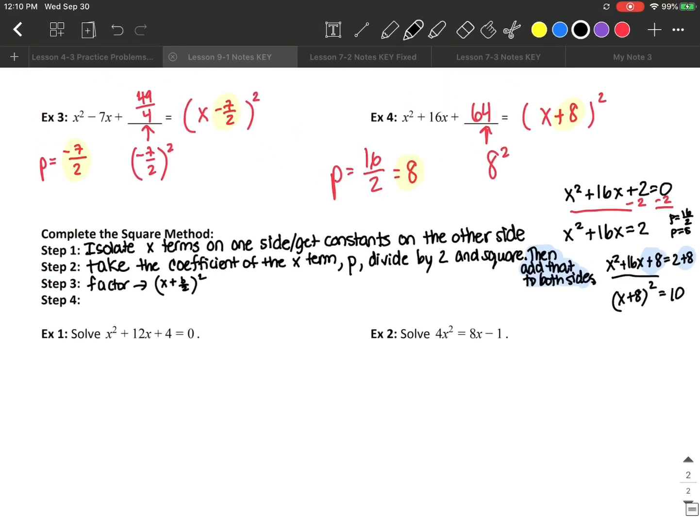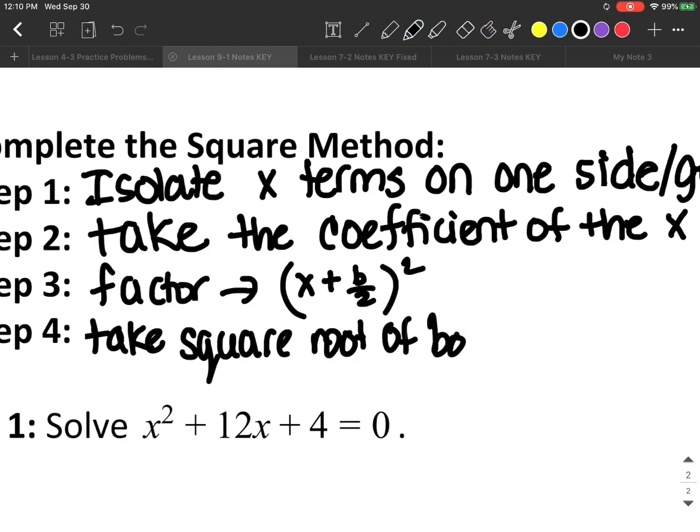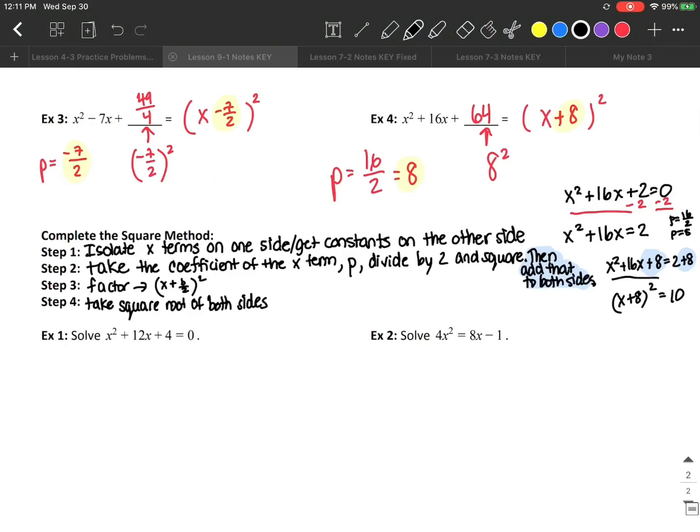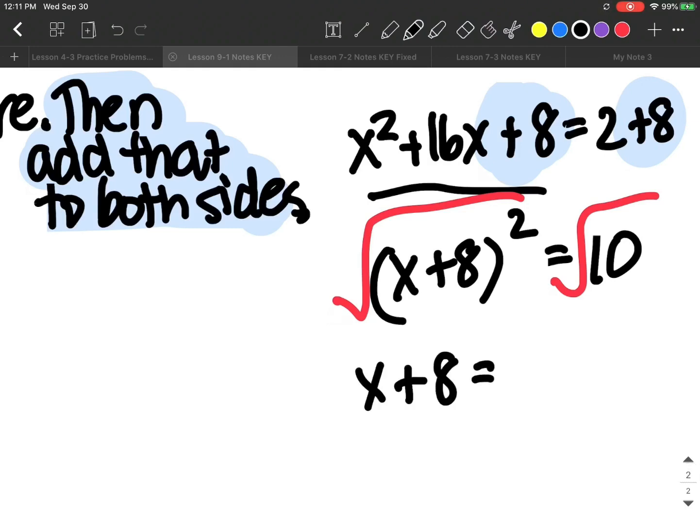From there, I'm going to take the square root of both sides. I'm going to use the square root method from there. That's going to give me x plus 8 on the left-hand side is equal to the square root of 10.